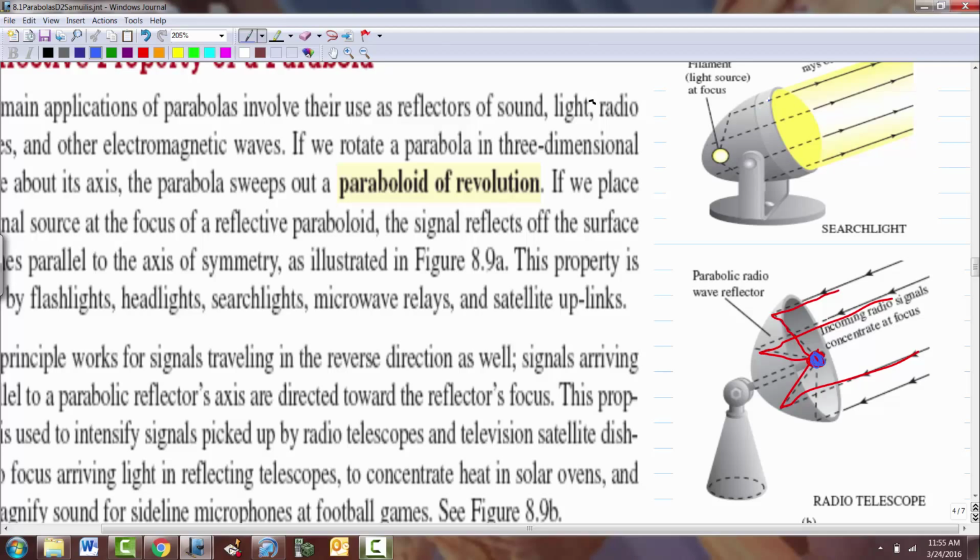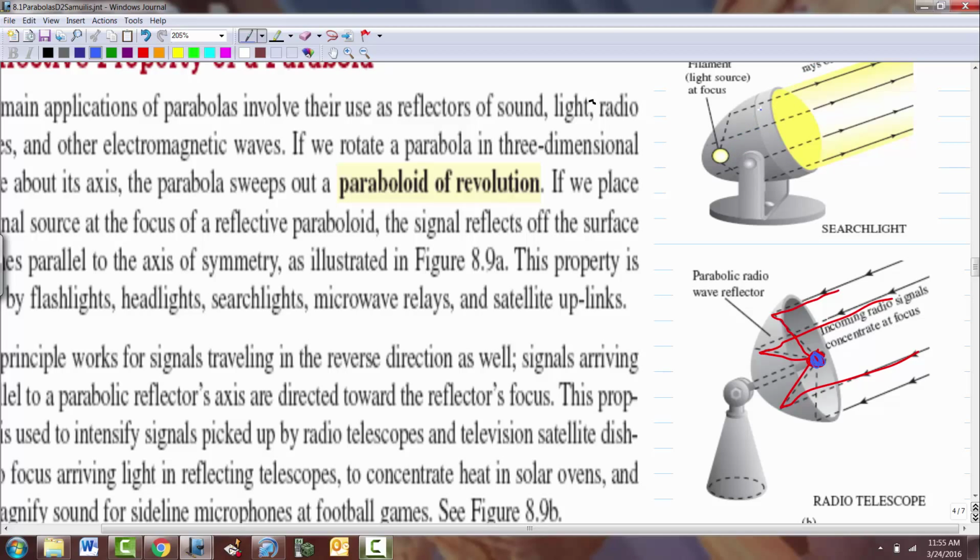So, what happens with a flashlight? Same thing going in the opposite direction. When you light a flashlight and you point it at a wall, isn't there that circle, right? But then there's a little bit more light outside of the circle. That's the light that misses the edge and goes out there.